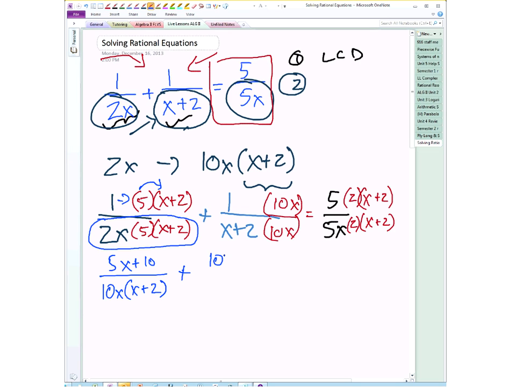This one's not so bad, just 1 times 10x. I'm not going to keep rewriting the entire denominator because we're not going to need it in a second. That's our super top secret shortcut. Over here, 5 times 2 is 10, and then 10 times x plus 2 gives me 10x plus 20. Like I said, all the denominators are 10x times quantity x plus 2.